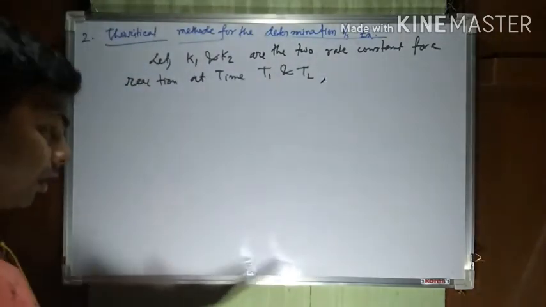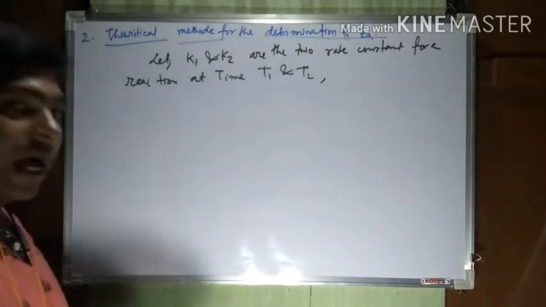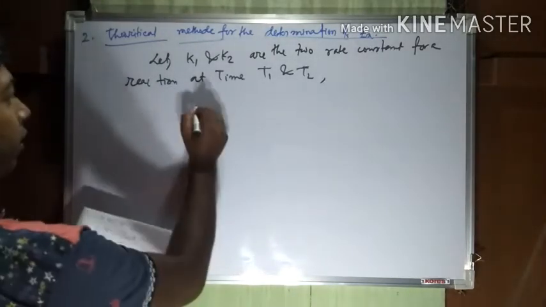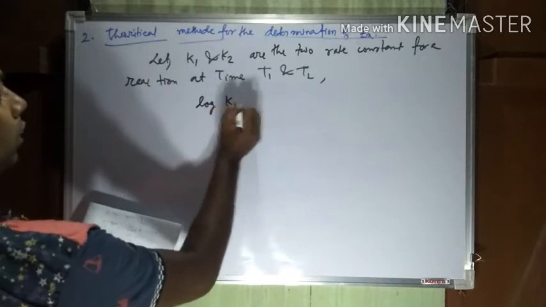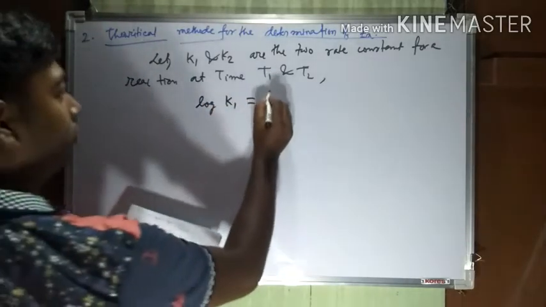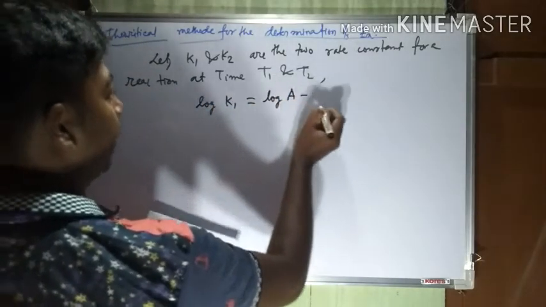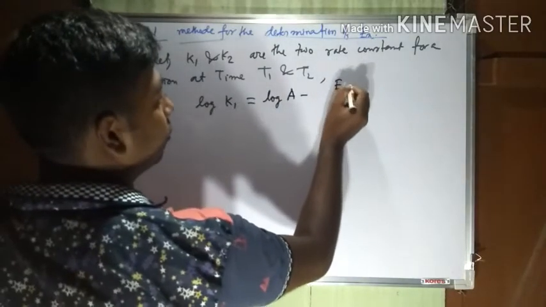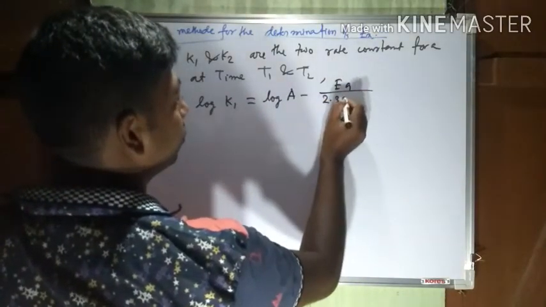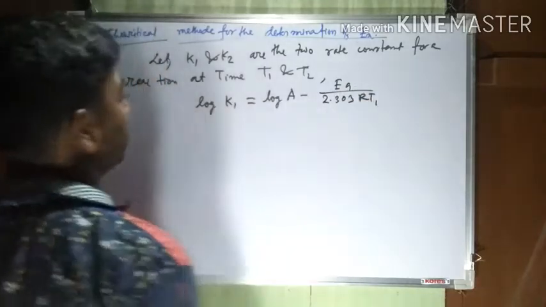Then the Arrhenius equation we can write: log of K1 equals log of A minus EA by 2.303 RT1.